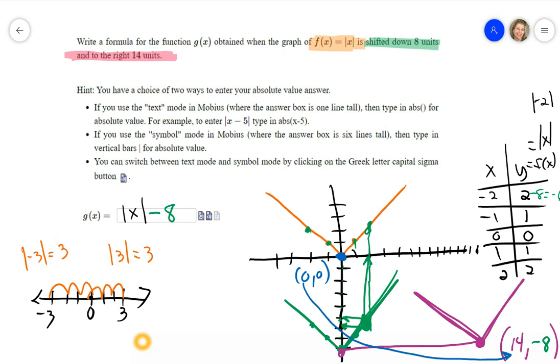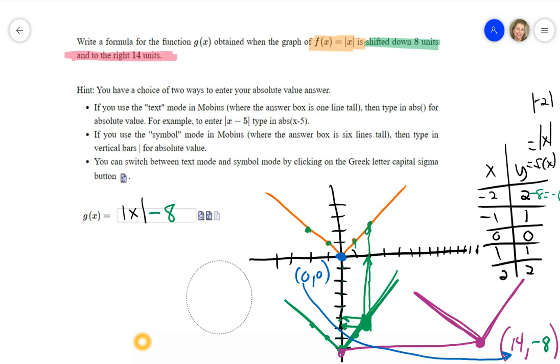In order to get it to move to the right, you actually have to put a minus 14 inside your absolute value. So what I really need is the absolute value of x minus 14 and then minus 8.